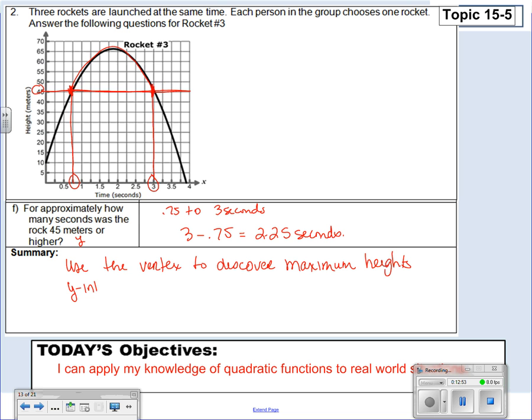The y-intercept was used to find the initial height. We used x-intercepts to determine how long the rocket was in the air.